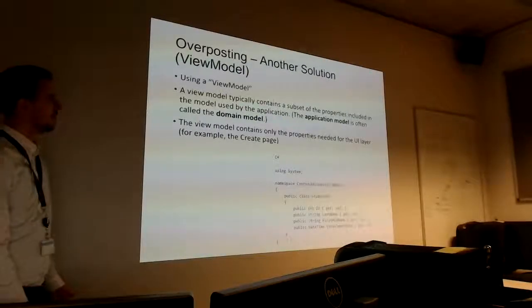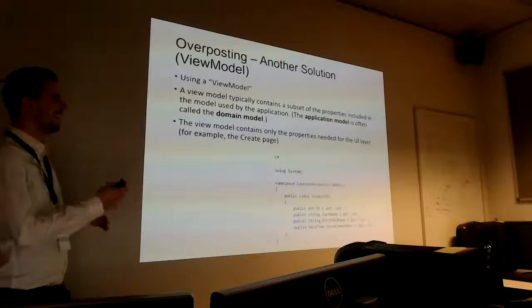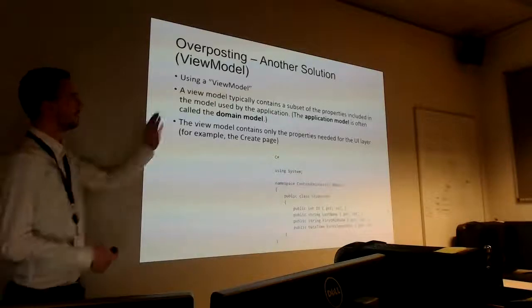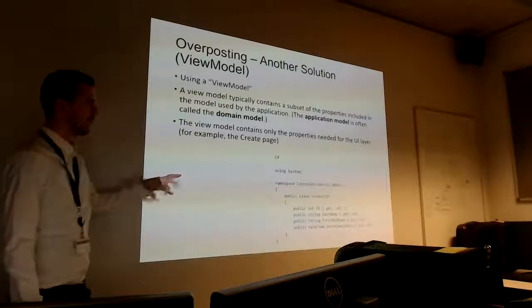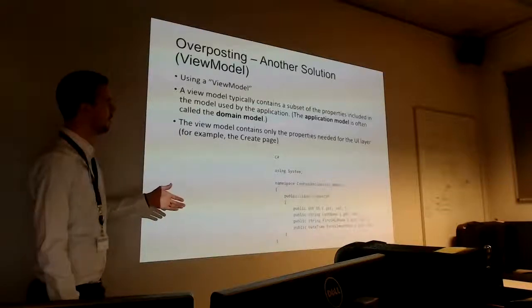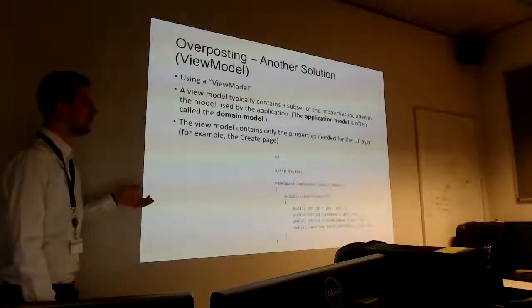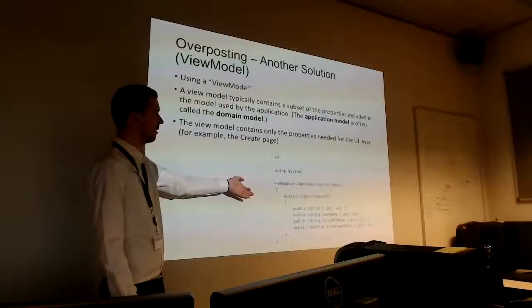Another solution is to create a separate model that, in a way, inherits from the main model. We call it a view model. So we've got a student model that has all the fields a student has, but then we can create a separate model that's just for the view, just for the front end user views. We would call this StudentVM, view model, for example.